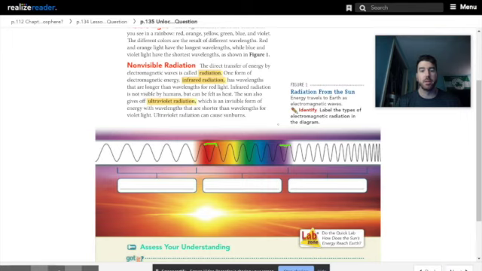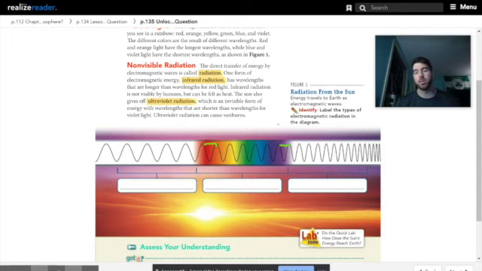So the direct transfer of energy by electromagnetic waves is called radiation. One form of electromagnetic energy, infrared radiation, has wavelengths that are longer than wavelengths of red light. Infrared radiation is not visible by humans. It's too low energy for us to see, but it can be felt as heat. The sun also gives off ultraviolet radiation, which is an invisible form of energy with wavelengths that are shorter than wavelengths for violet light.